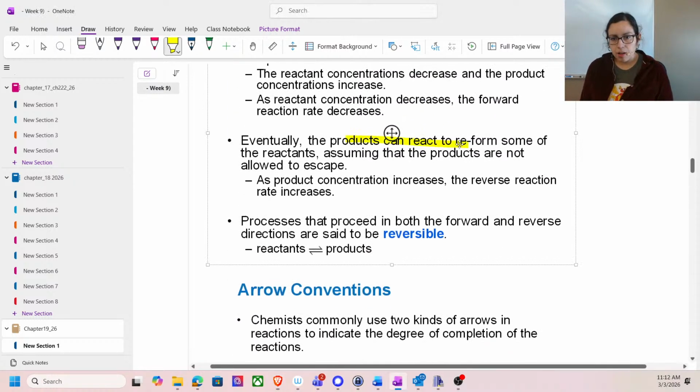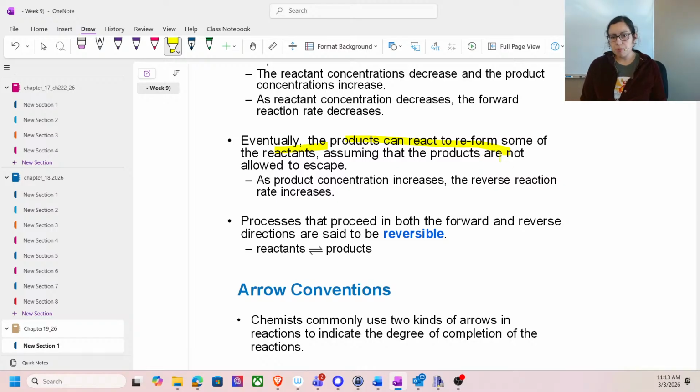And then we'll still have products reforming reactants and vice versa. Again, this is assuming that products are not allowed to escape. And so this is where we can think of ways to drive reactions forward.